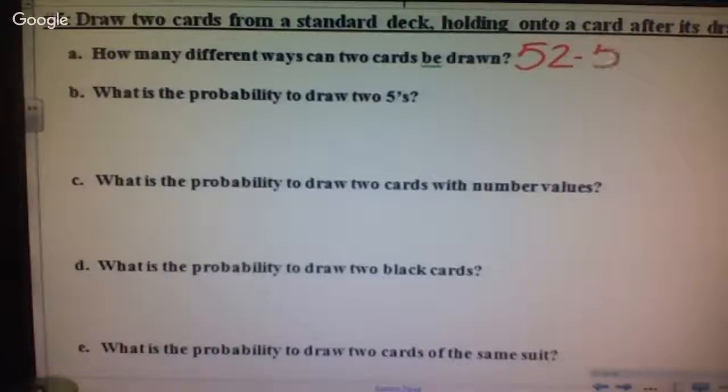But now I have 51. So I can't do 52 squared because no matter what card I pick, it's going in my back pocket and I'm taking it away. We're cheating at some blackjack. Those cards. Okay, so now each bottom is 52 times 51.